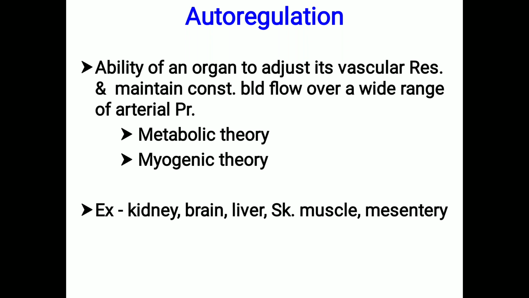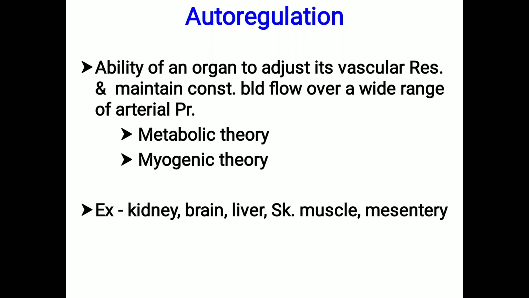Hormonal or humoral regulation is due to metabolites and vasodilator substances like lactate and adenosine, which is very important in cardiac muscle, and during hypoxia, histamine, bradykinin, and substances released by endothelium like nitric oxide and endothelins. So all these are humoral regulation.